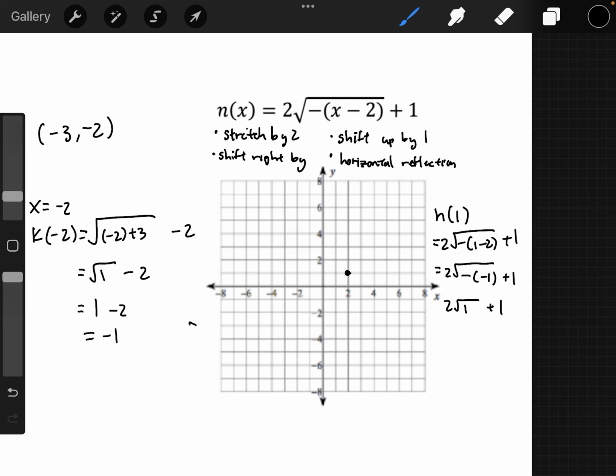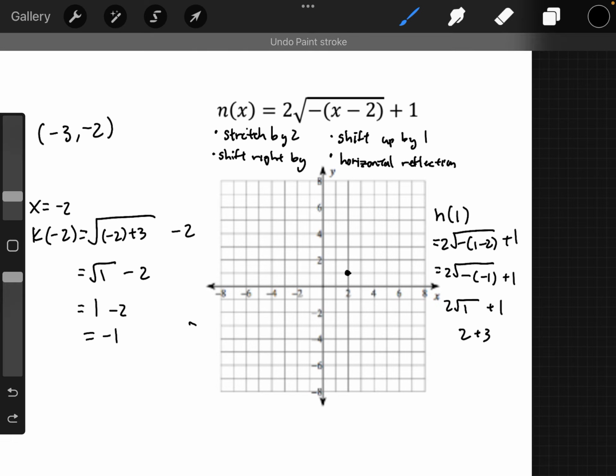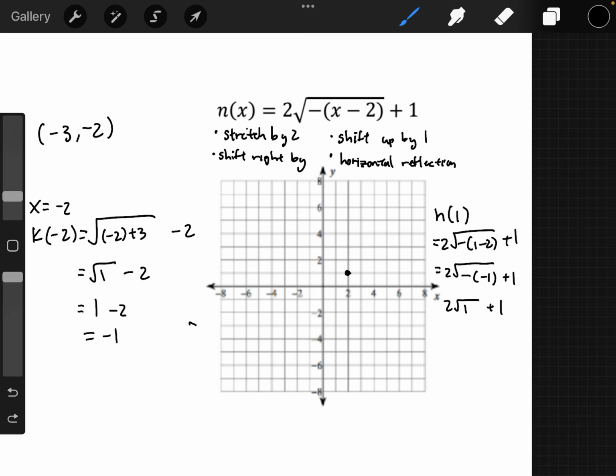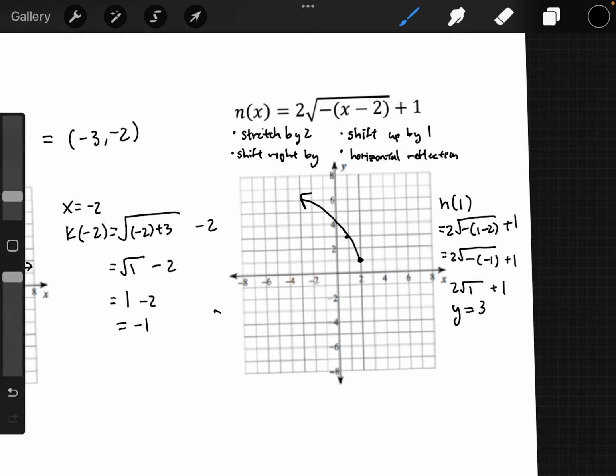So 2 times the square root of 1, plus 1. y equals 3. So at an x value of 1, y is 3.